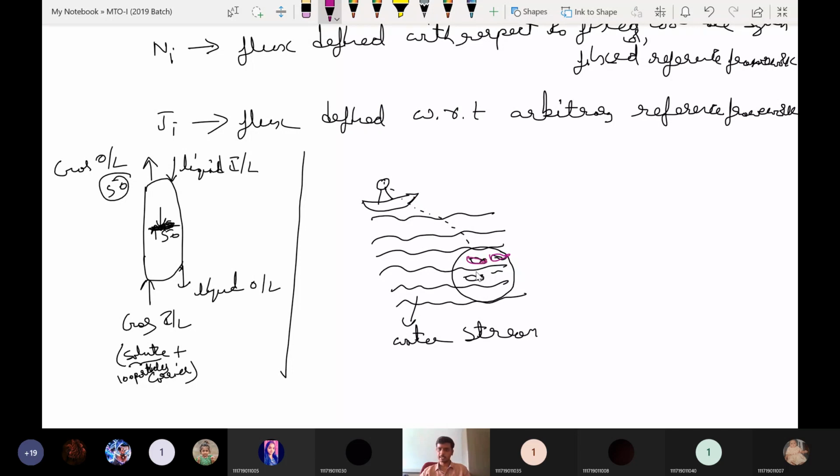Now you are interested in how many fishes are entering this control volume and how many are leaving. That is also mass transfer. I am giving a general macroscopic view for your understanding. So just try to correlate this with the real situation.